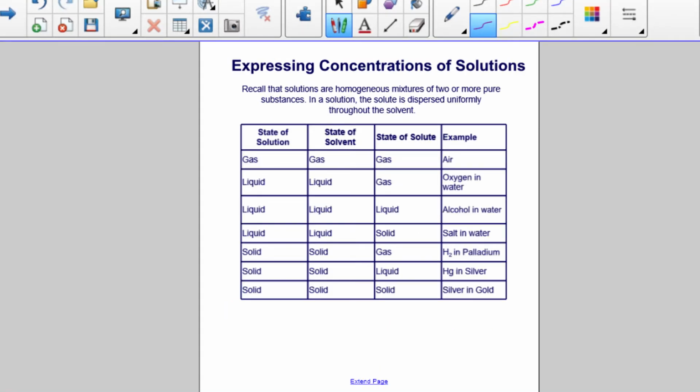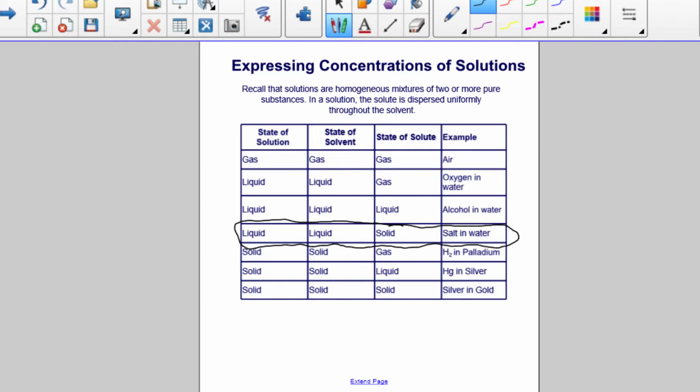Remember that solutions are homogeneous mixtures of pure substances in which the solute is evenly distributed throughout the solvent. Now, we often think of these homogeneous mixtures as things like maybe salt or sugar dissolved in water. So we have a solid solute and a liquid solvent where the overall solution is the liquid.